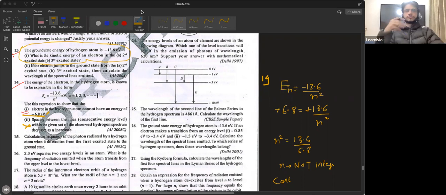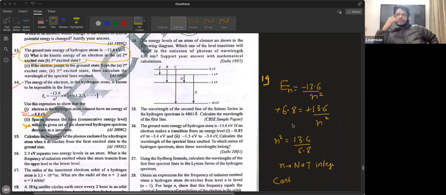Okay, just solve the first part and write your answer in the chat room. You need the kinetic energy of the electron in the second excited state and third excited state.